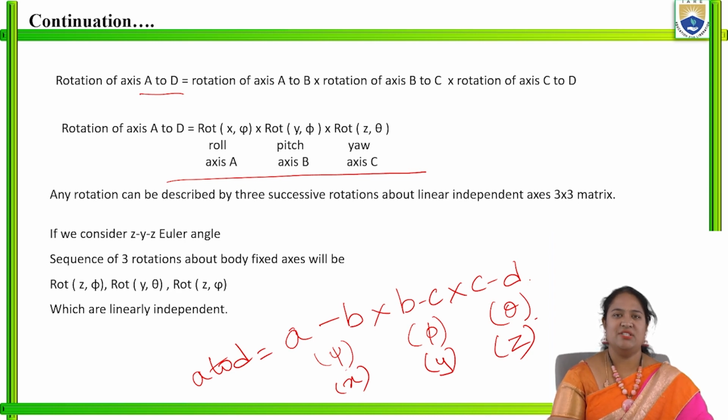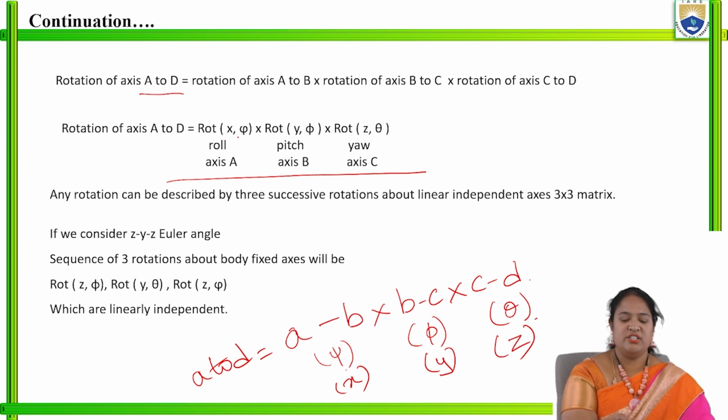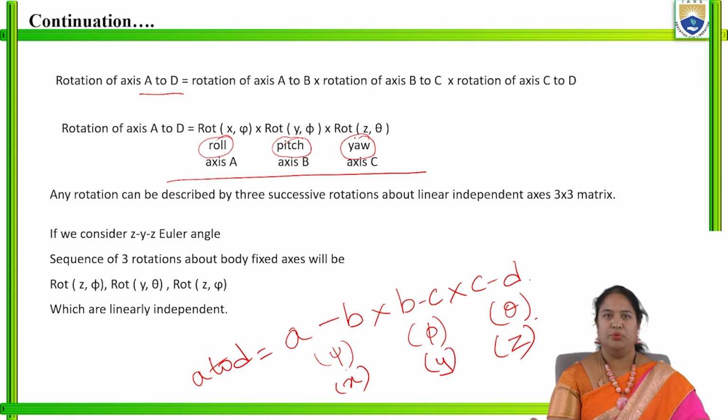Right? The rotation of the axis from A to D with respect to the axes x, y, z, and with respect to the angles phi, theta, and psi will be written in terms of rotation of x comma phi for the axis A, into rotation of y comma theta for the axis B, into rotation of z comma psi for the axis C, where generally we call it the roll rotation of the robot, or the pitch rotation of the robot, or the yaw rotation of the robot.